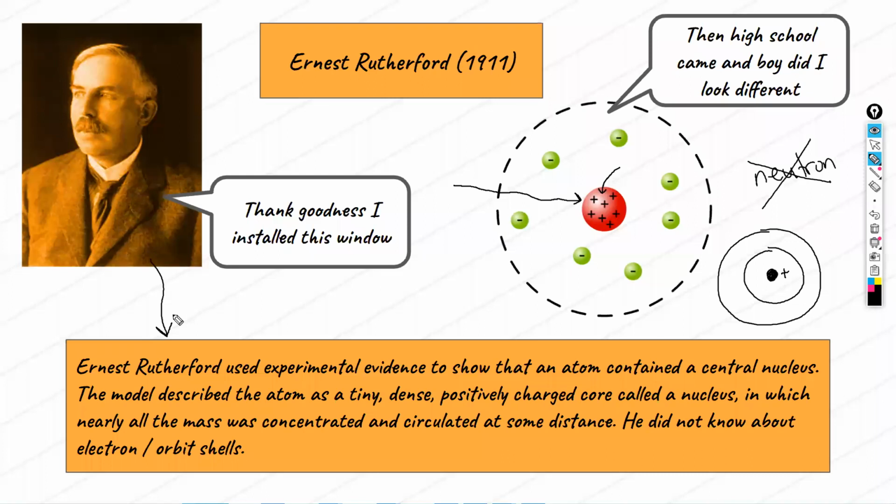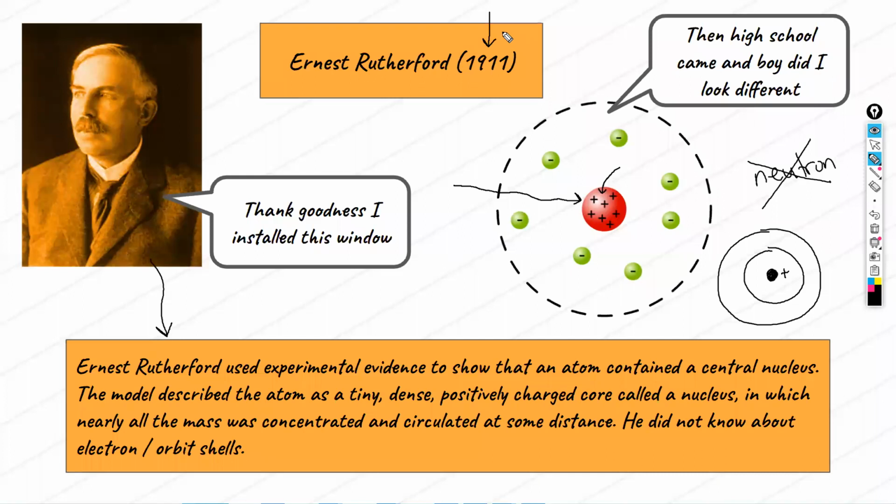So I want everyone to take down the notes, and I want to put a question towards you all. Look at the year this guy was living in, around 1911. There were no powerful microscopes, definitely nothing powerful enough to see an atom clearly. How do you think he figured out that the center of an atom is positive without being able to see it?